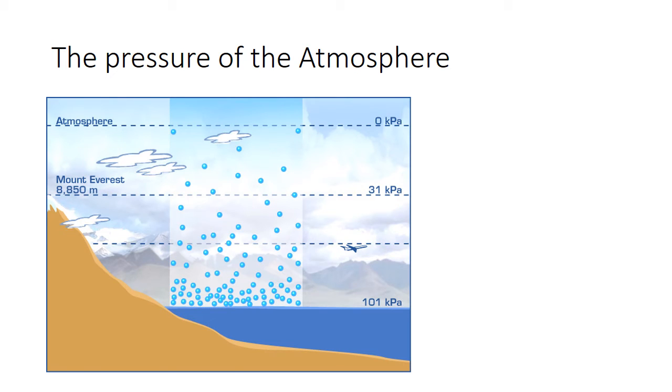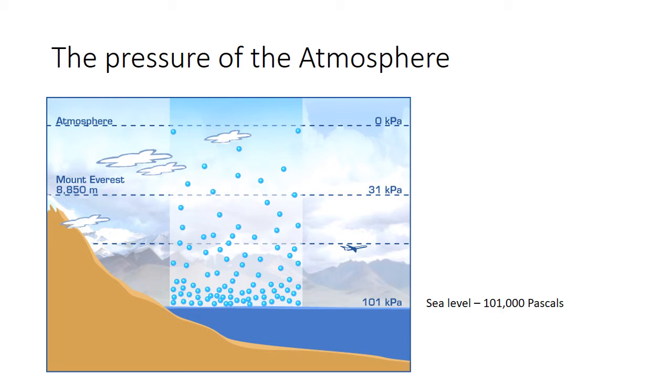To explain the pressure of the atmosphere, we can use this diagram. At sea level, the pressure is 101,000 pascals, or 101 kilopascals.